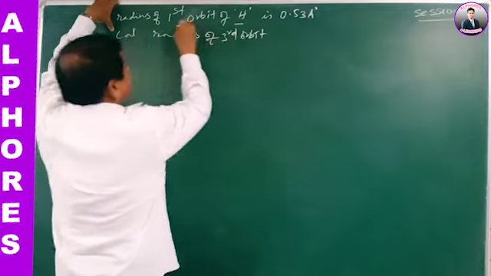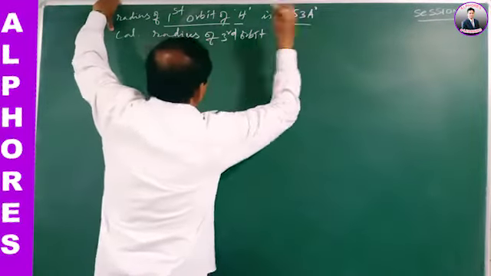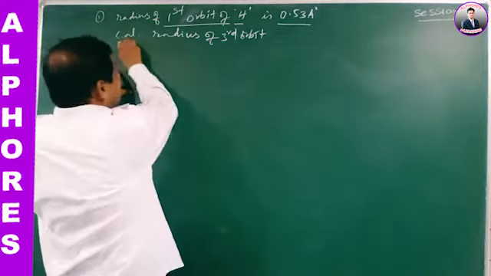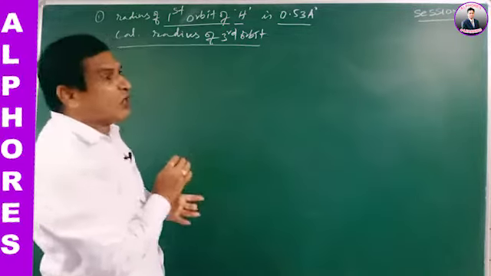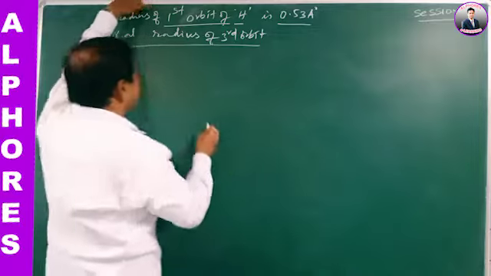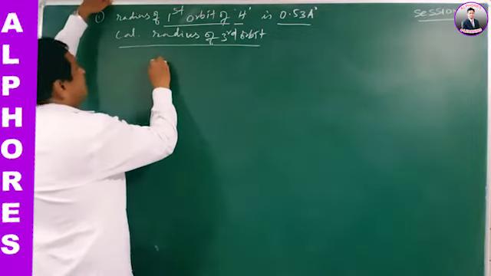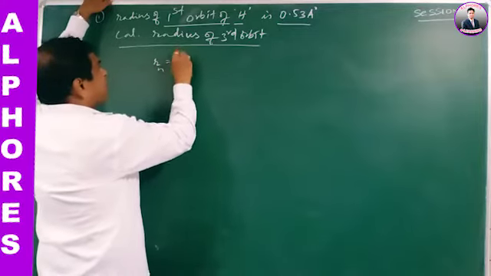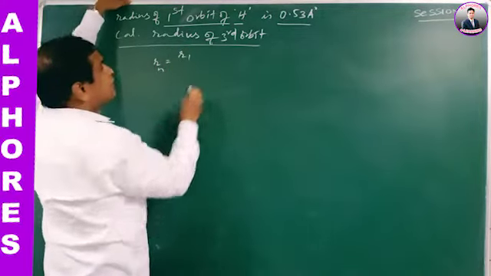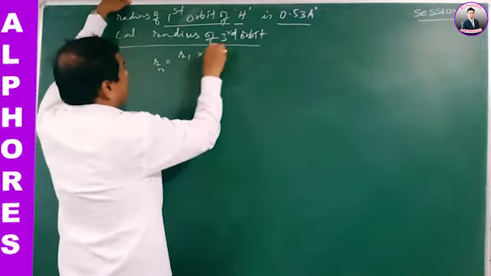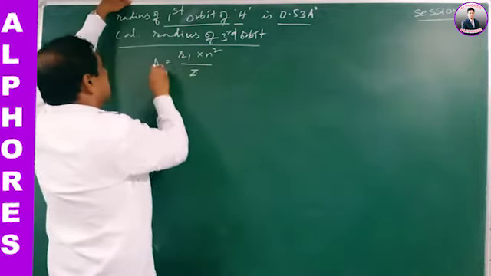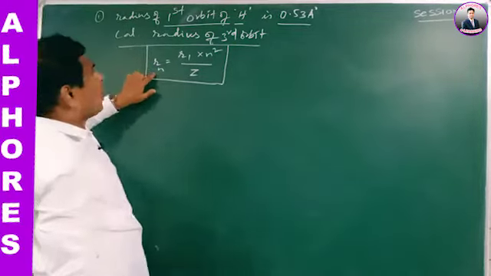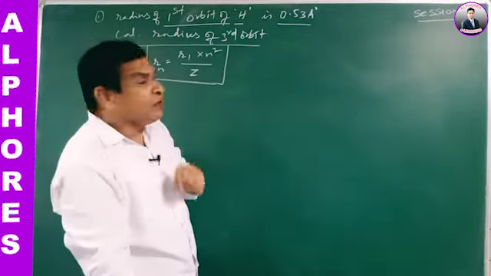Okay, he has given the radius of the first orbit of hydrogen as 0.53 angstroms, and he is asking us to calculate the radius of the third orbit. What is the basic fundamental for this? The radius of the nth orbit is equal to the radius of the first orbit into n square by Z. That is the basic formula to calculate the radius of the nth orbit of species containing one electron.